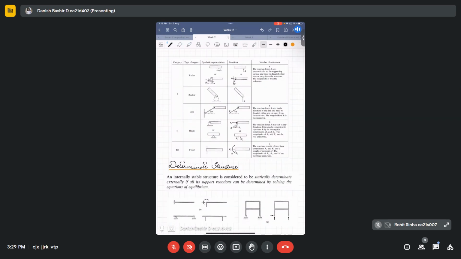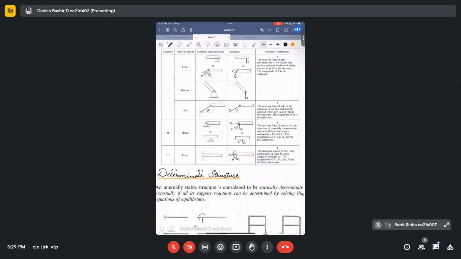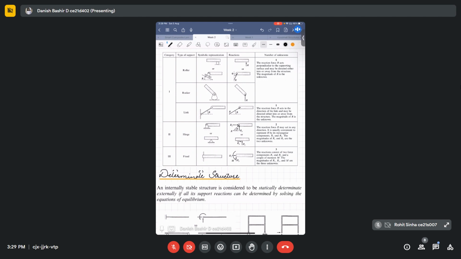One more important thing is the types of supports and how many reactions each support has. There are three categories for this. We have category one, category two, and category three.